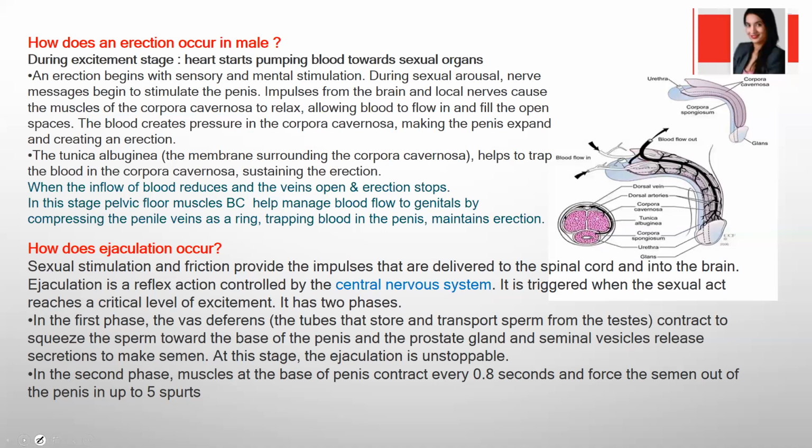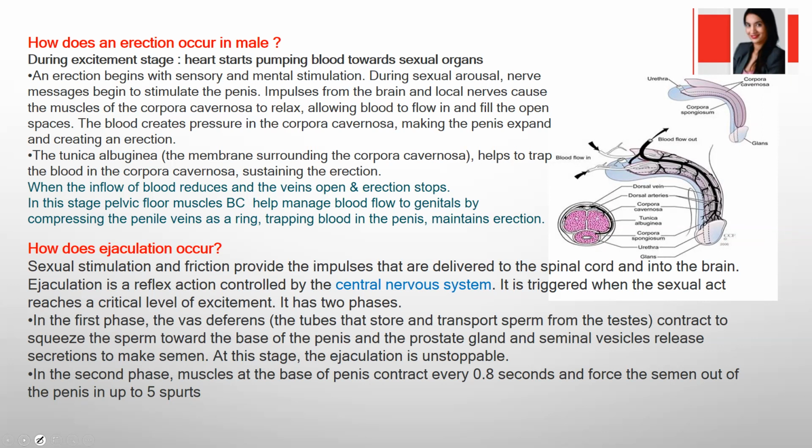So once the sperm starts getting released, in the first phase, and in the second phase, the pelvic floor will contract very strongly. The complete levator ani from inside, as well as the bulbocavernosus, the second layer of the pelvic floor muscle, they will all contract very, very strongly and generate a compressive force at the base of the penis.